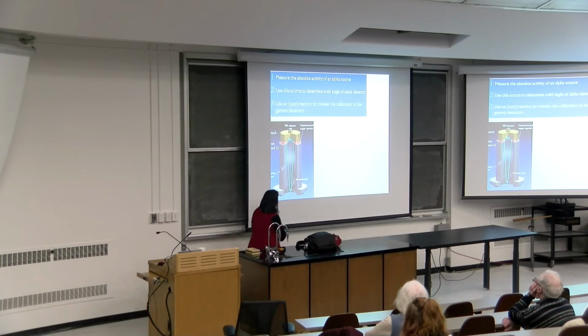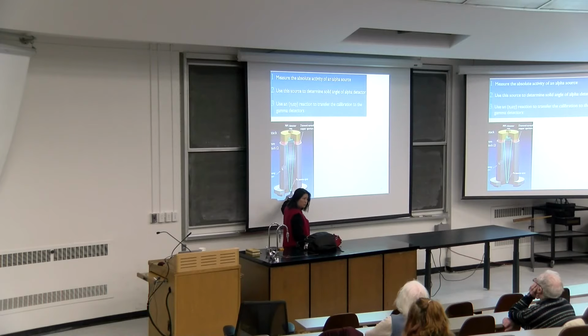You calibrate its activity by putting an alpha detector on top through a collimator with precision metrology. So you know the height and the opening very well, and you can calculate the solid angle very well. The detection of the alpha particle is 100%, because it is a high energy alpha particle. In that sense, you can know the activity of the plutonium source.